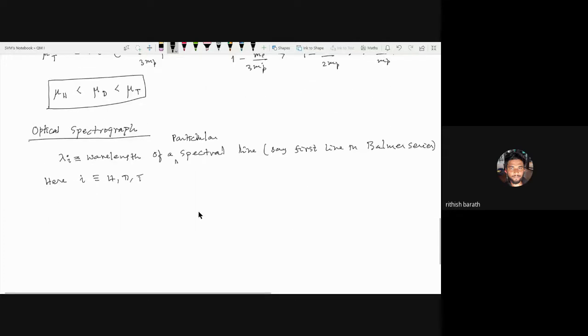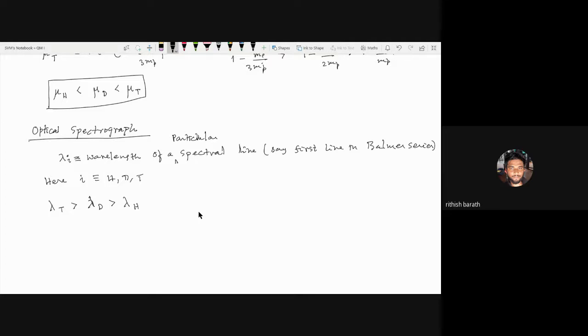Then we have the following situation. The wavelength for the tritium will be longer than the wavelength for the deuterium, which is longer than the wavelength for the hydrogen. Because as I told you, since the reduced masses are different, the bound state energies will decrease, and the energy difference also will decrease, and the energy difference will tell you the frequency.